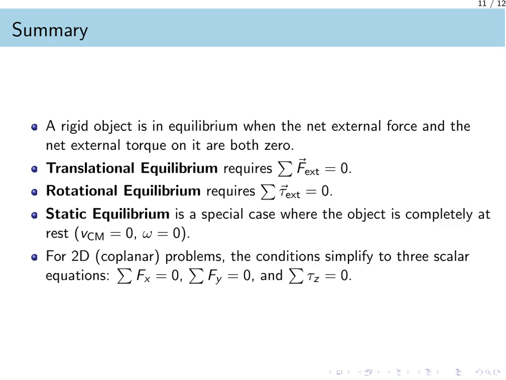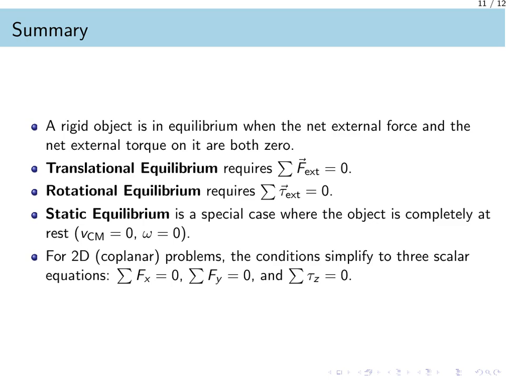The second condition is rotational equilibrium, which requires the vector sum of all external torques about any axis to also be zero, ensuring the object has no angular acceleration. A common and important special case is called static equilibrium. This is when the object is completely at rest, meaning both its translational velocity and its angular velocity are zero.